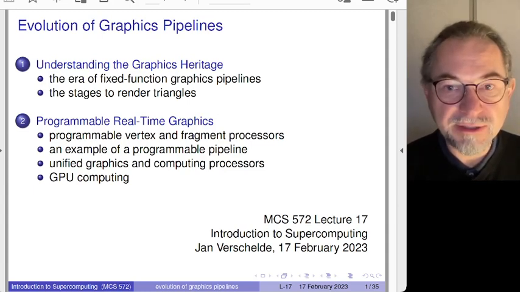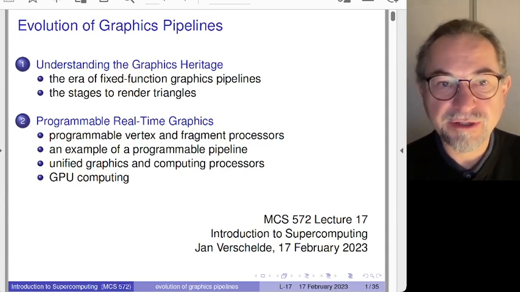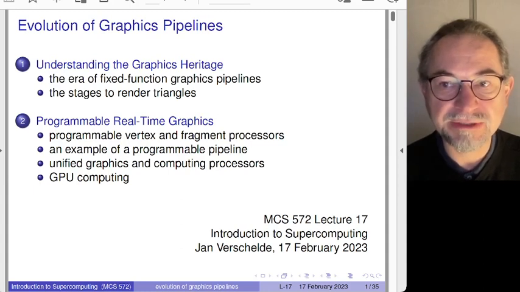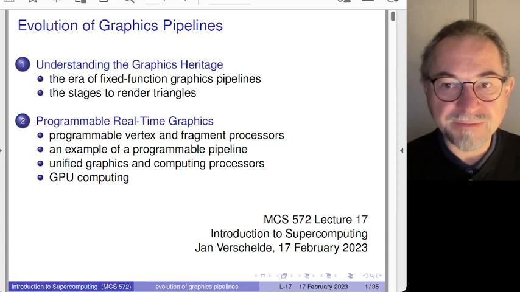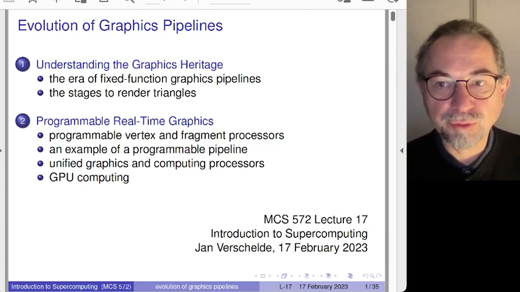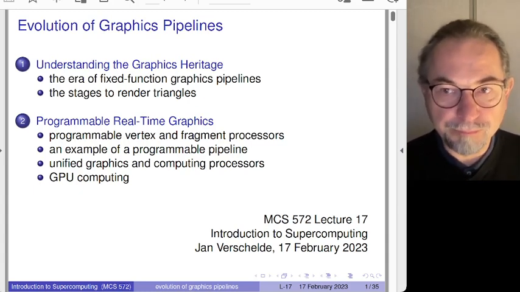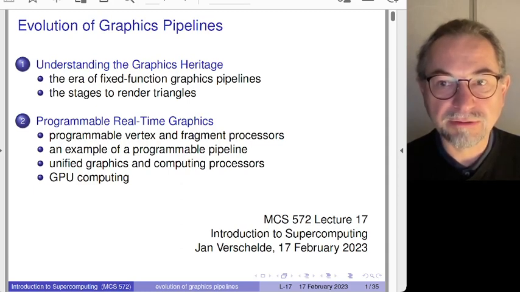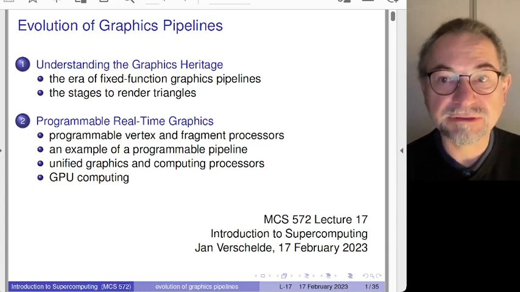The second part of this lecture explains the transition from graphics processing to programmable graphics processors and then to general purpose GPU computing.